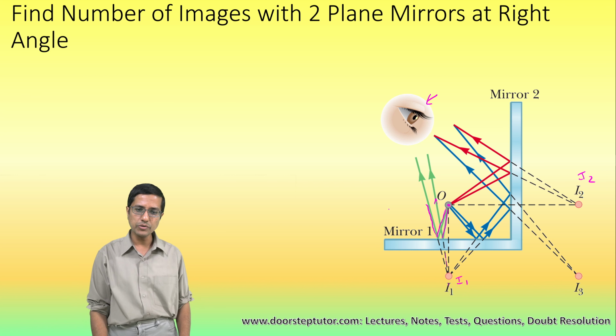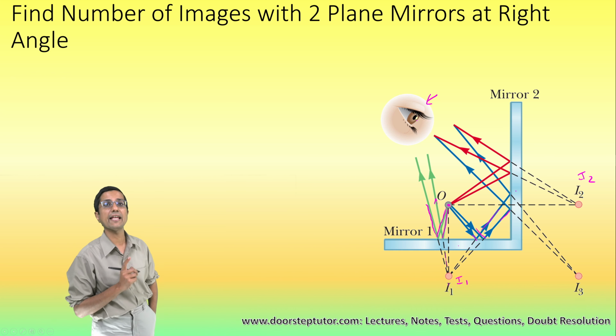Now there is also another case in which the rays leaving the object O strike not one mirror but two mirrors. These rays which leave O first strike mirror 1. From mirror 1 they leave and strike mirror 2, and then they go on and reach the observer's eye.